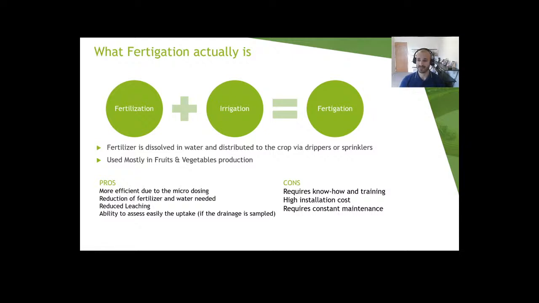There are of course some advantages and some disadvantages, and we will talk about it a bit, especially the cons, the disadvantages. First of all, it is a system, so you need pipes, pumps, sensors, control panels, electrovalves, etc. So of course it has medium-high installation costs, and it is also a bit complicated.